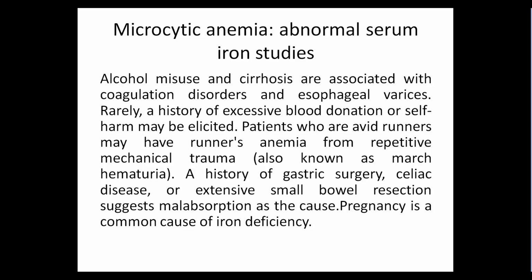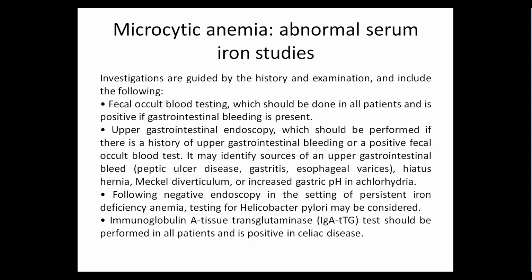Patients who are avid runners may have runner's anemia from repetitive mechanical trauma, also known as march hemoglobinuria. A history of gastric surgery, celiac disease, or extensive small bowel resection suggests malabsorption as the cause. Pregnancy is a common cause of iron deficiency.